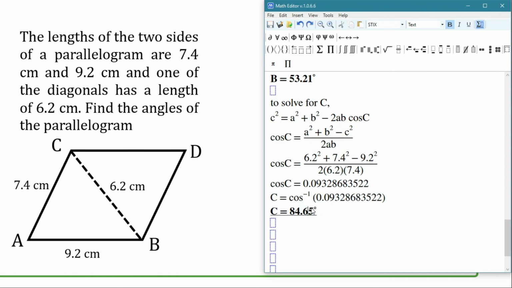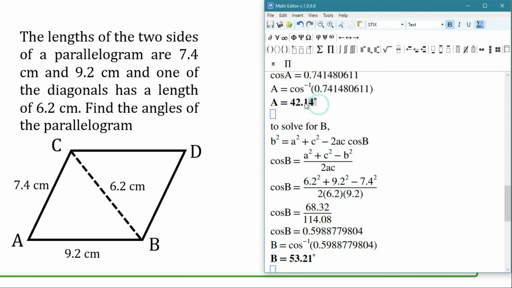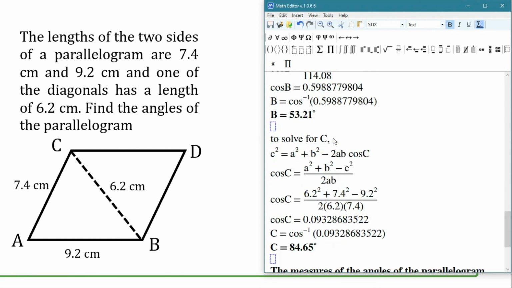So, meaning to say, the measures of the angles of the parallelogram. Still remember, two pairs of opposite angles of a parallelogram are congruent. So si angle A and angle D ng parallelogram na ito ay congruent, wherein angle A is equivalent to 42.14.